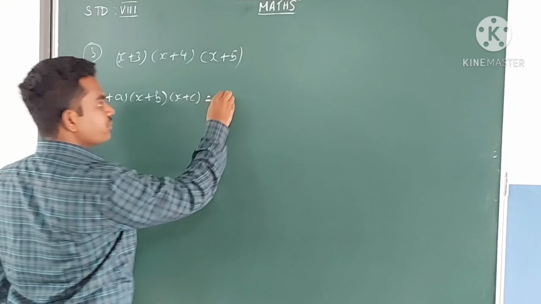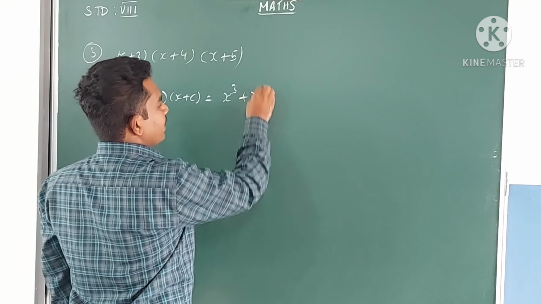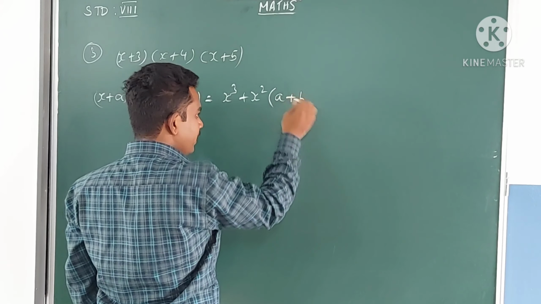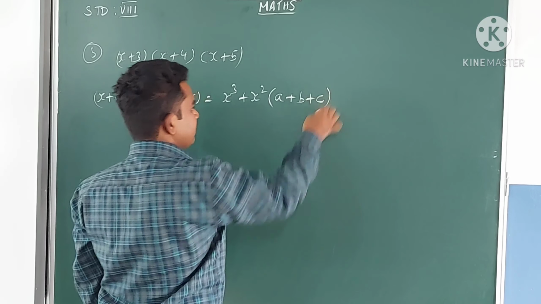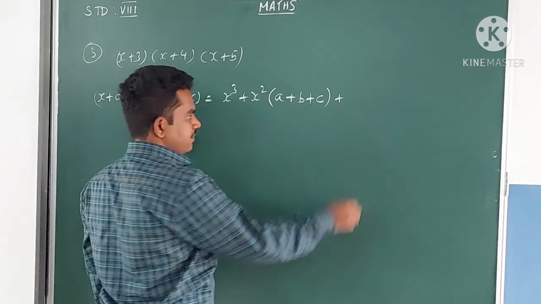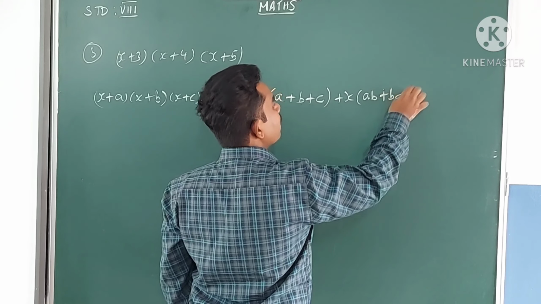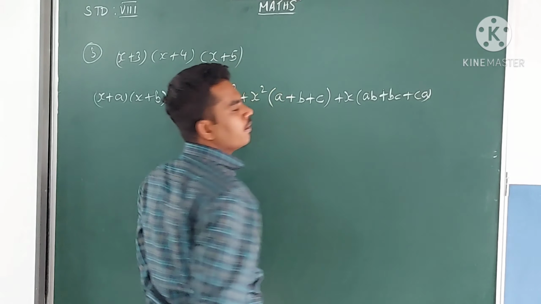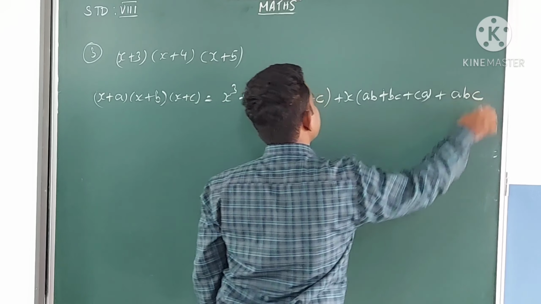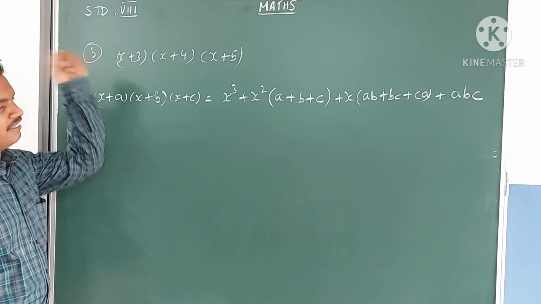So the first term is x cube and the second term is the x square term. x square into what? a plus b plus c. Next, x into (ab plus bc plus ca) plus abc.